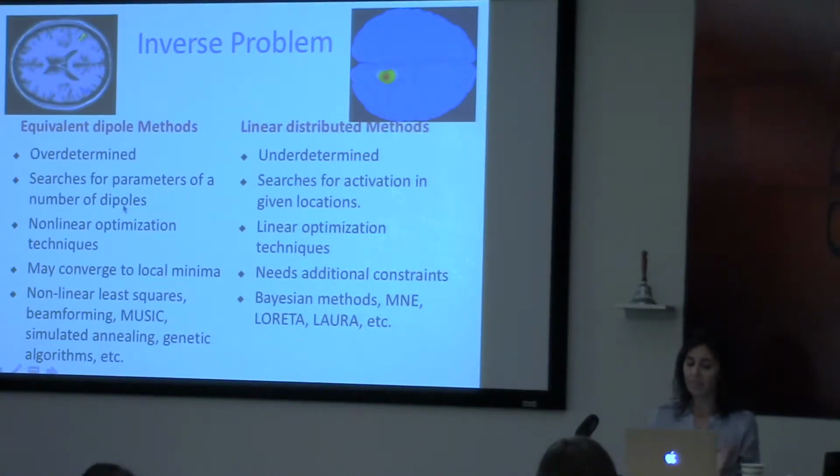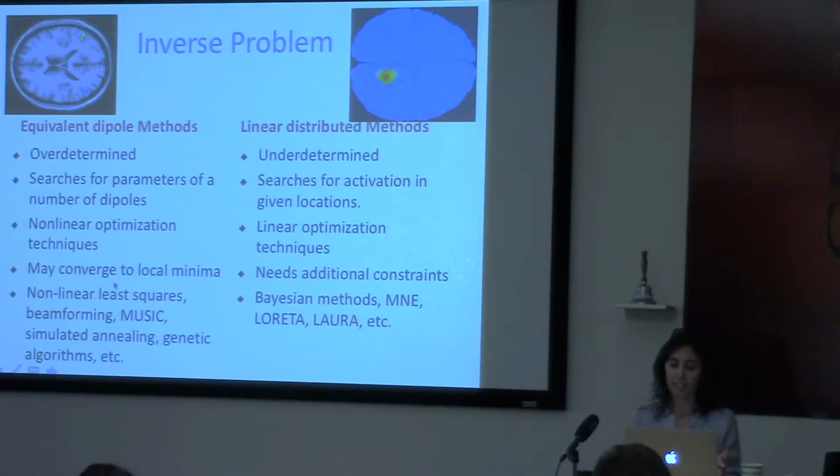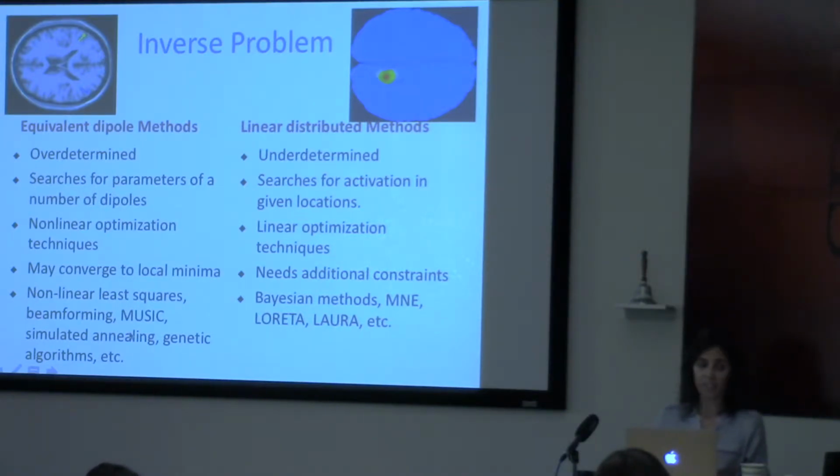In parametric methods, we are searching for the parameters of a number of dipoles, and we use nonlinear optimization methods. These can be nonlinear least squares, beamforming, MUSIC, and genetic algorithms.